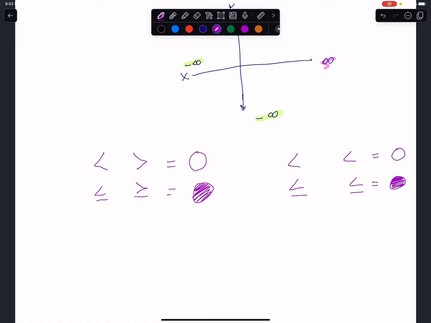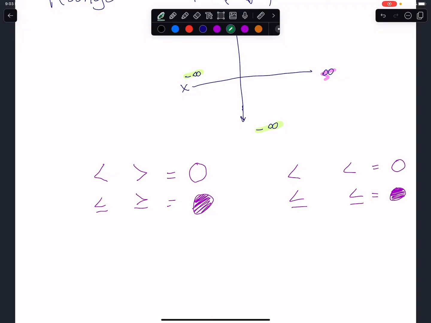So anytime you see an open circle, that's going to cause you to have the less than symbols with no line under it. Anytime you have the line under it, or anytime you see a closed circle, then you're going to have the lines under it.